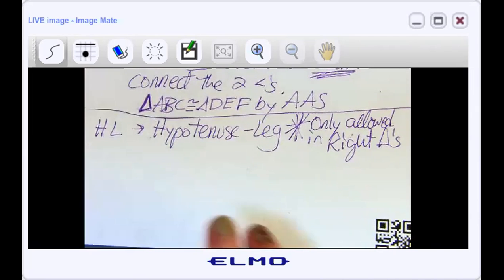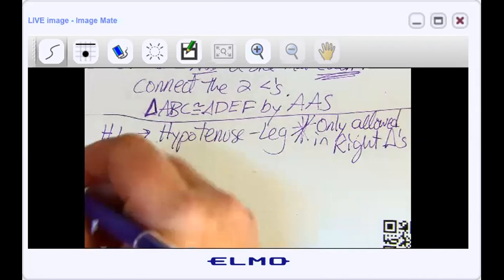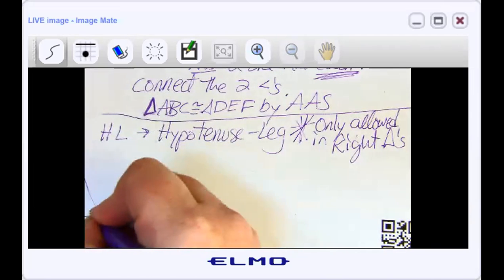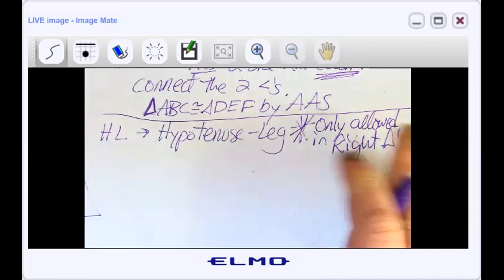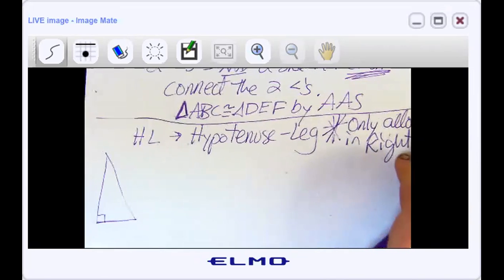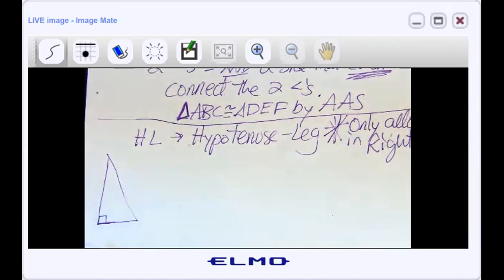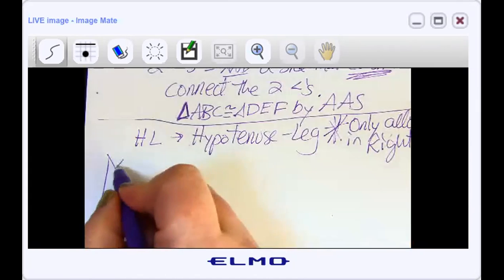So what you need to remember about a right triangle, let me just draw you one here. So obviously you're going to have a right angle. And just to refresh your memory, that little angle right there, the 90-degree angle, see how it's pointing at this side? It's always going to point at that third side, which is the longest side, and that's the one called the hypotenuse.